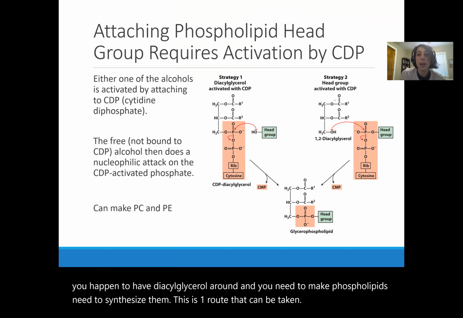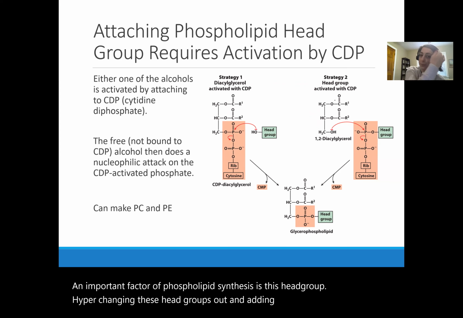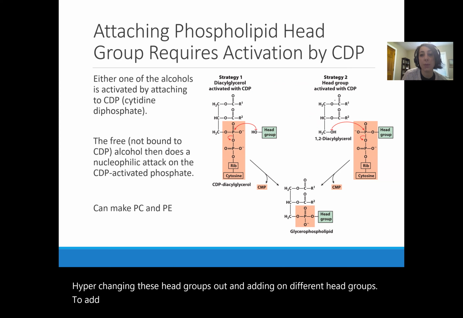So an important factor of phospholipid synthesis is this head group, changing these head groups out and adding on different head groups. To add on a phospholipid head group, it requires the activation of cytidine diphosphate, CDP.